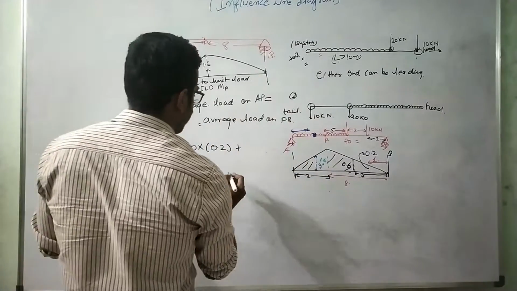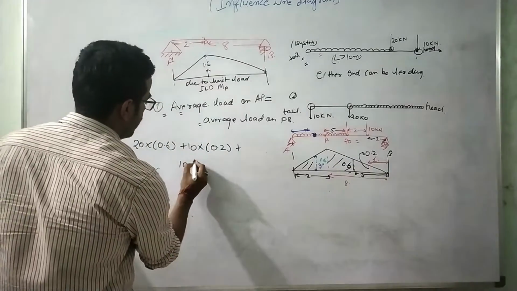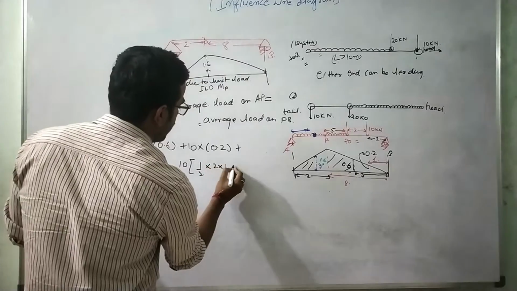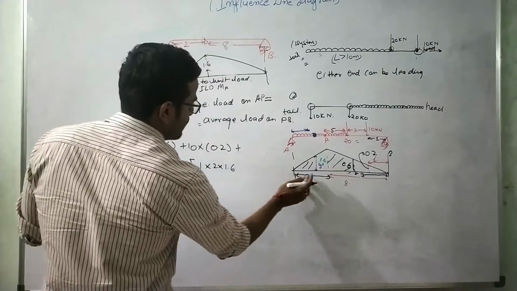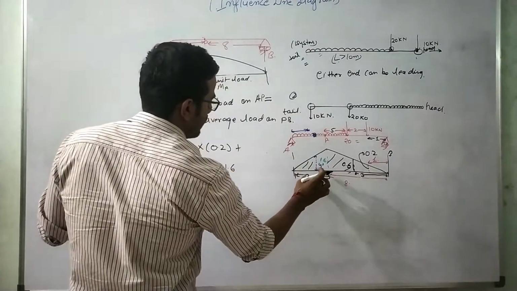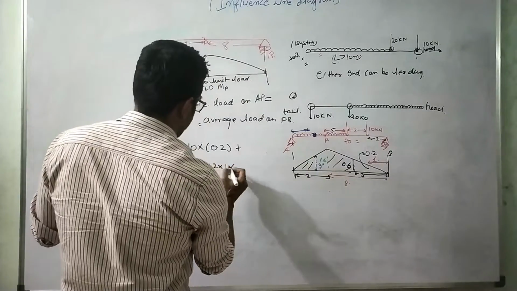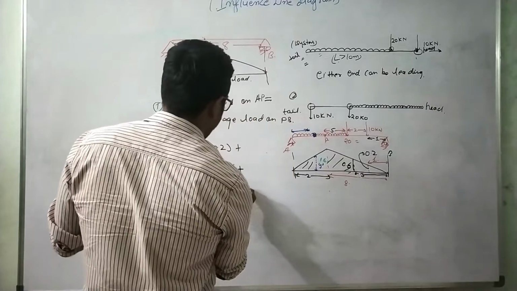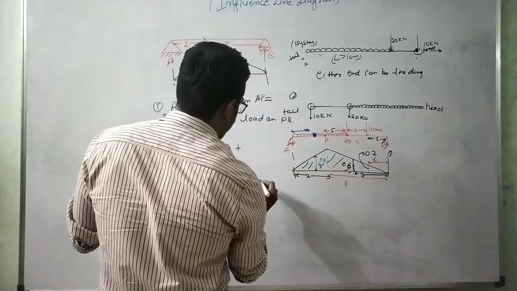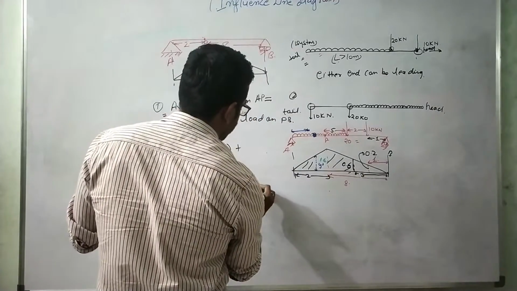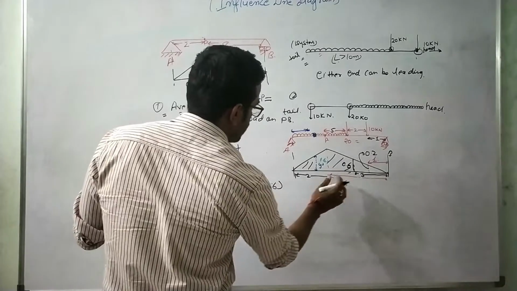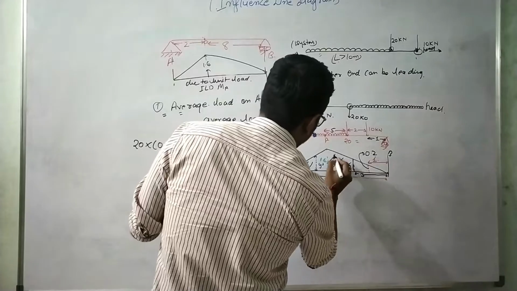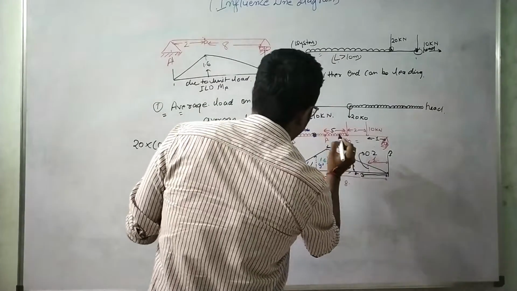So I can write the intensity of the UDL, 10, into the area: first, half into 2 into 1.6, this is a triangle, half into base into height. Plus the trapezoid area, which will be half into sum of parallel sides, that is 1.6 plus 0.6, into this distance, 5 meter.